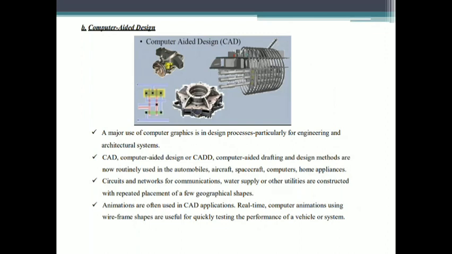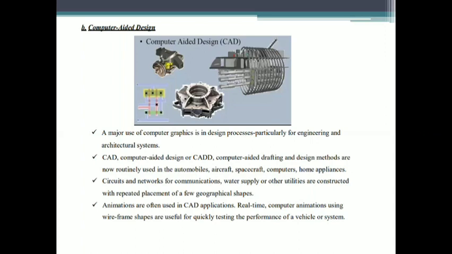Computer graphics is used in the engineering field or architecture systems, just like CAD, computer aided design, or CADD, computer aided drafting and design methods, which are now routinely used in automobiles, aircraft, spacecraft, computers, and home appliances. The other use of this is circuits and networks for communications.